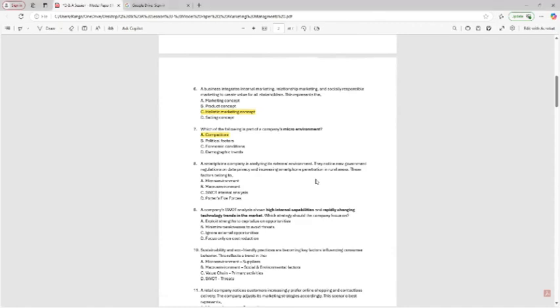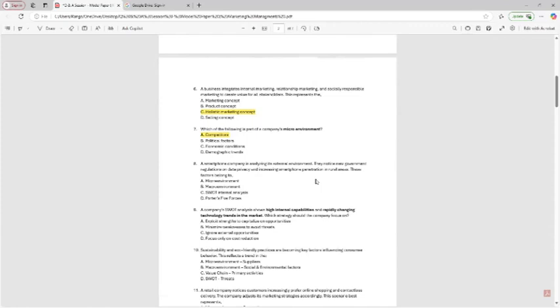So question number 8. Let's carefully read the question once again. A smartphone company is analyzing its external environment. So that is not the internal environment, that is the external environment. Macro environment factors may be there. They notice new government regulations on data privacy and increasing smartphone penetration in rural areas.